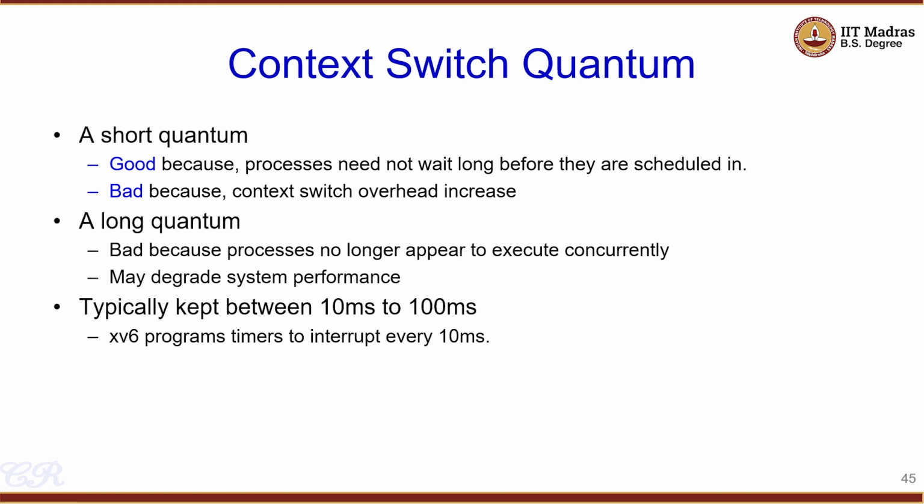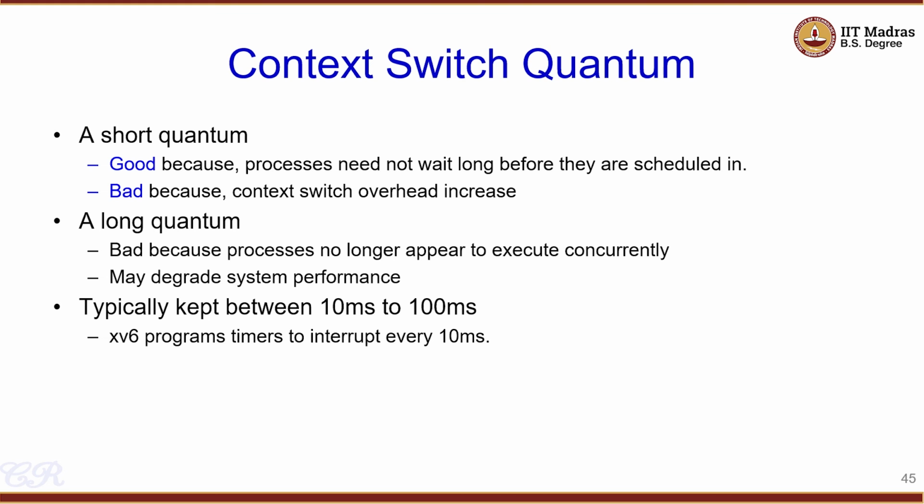On the other hand, if we keep the context switch quantum or the time slice too long, this is negative because processes no longer appear to execute concurrently, right? So if you keep very long time slices, the system does not behave like a true multitasking environment. It does not feel like the processes are executing concurrently, or in parallel.